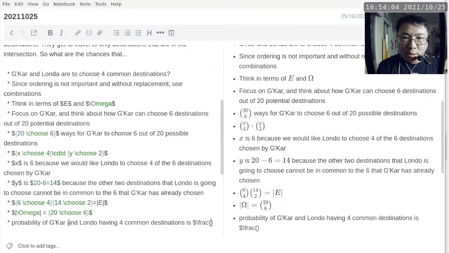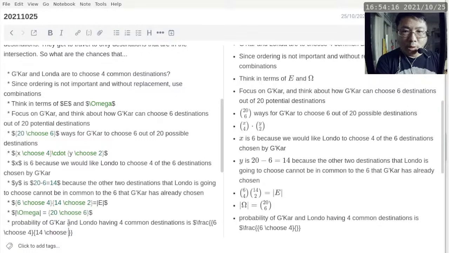So let me just write it out here: 6 choose 4 times, what was it, 14 choose 2. And then the denominator is really just the cardinality of omega itself, and we already know that is just 20 choose 6.